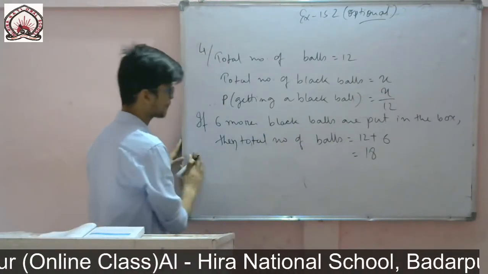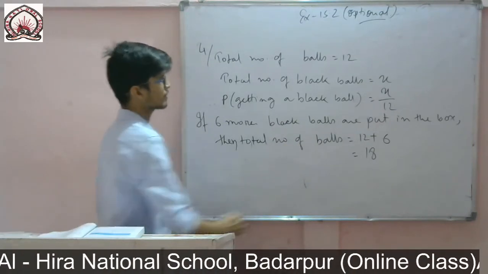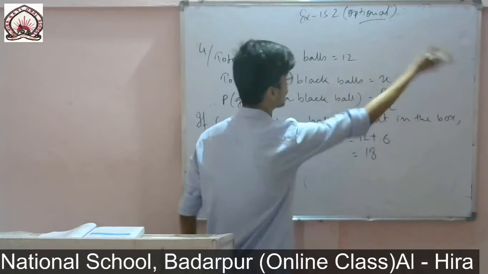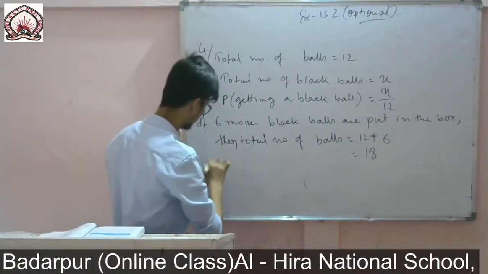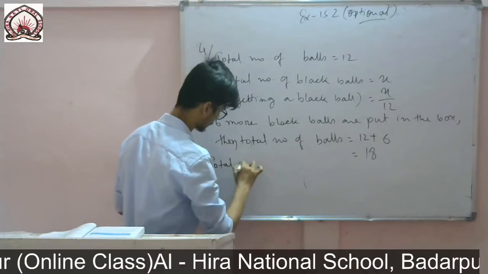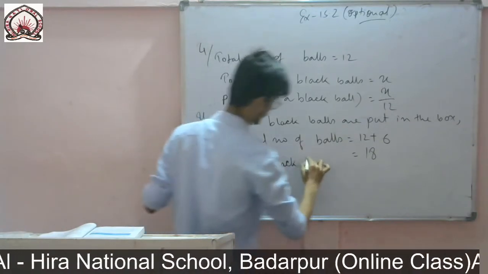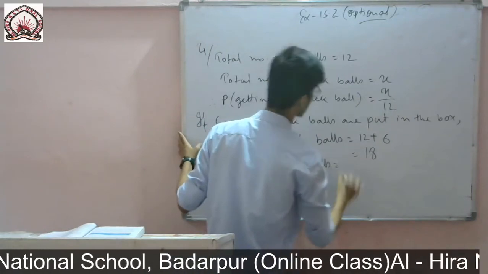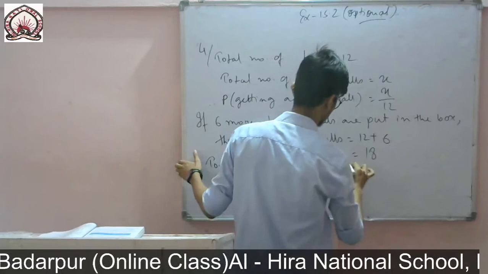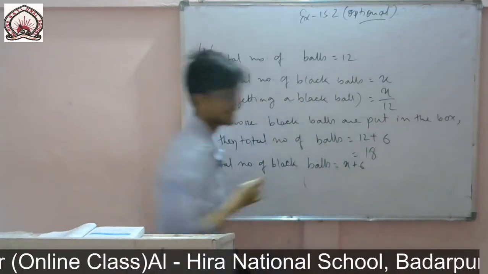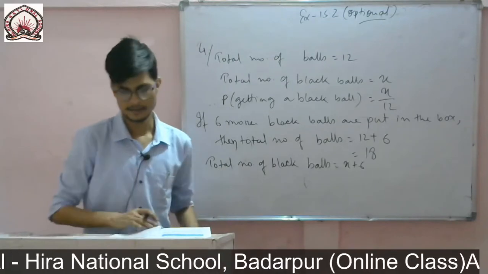Since I am adding black balls, the number of black balls also increases. Earlier it was x, now I have added 6, so it is x plus 6.